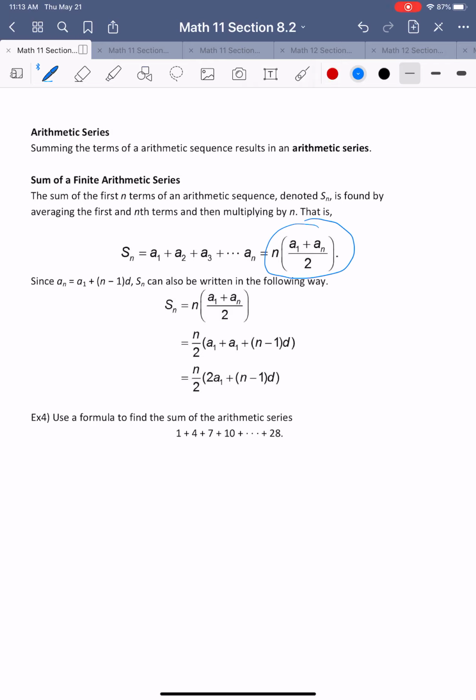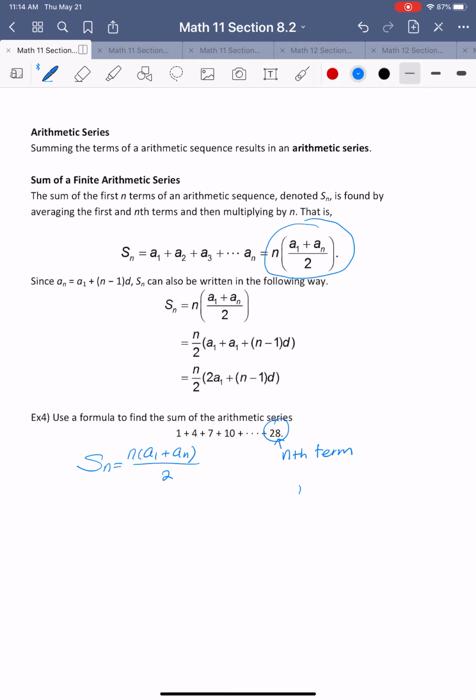In order to find the sum, we need to find n first, because we don't know how many terms there are. So S sub n is actually n times (a sub 1 plus a sub n) over 2. That's the formula, right?